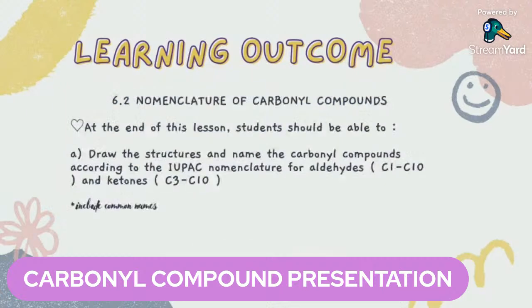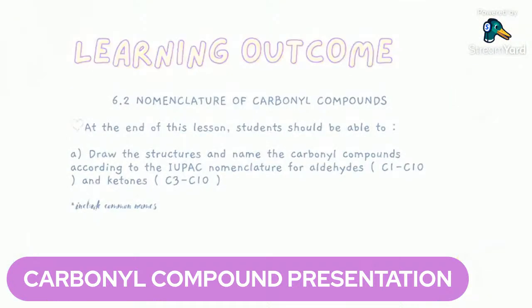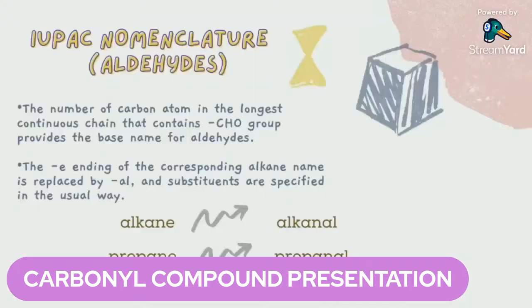Okey, sekarang kita sudah pernah masuk subtopik 6.2 iaitu nomenclature of carbonyl compounds. At the end of this lesson, students should be able to draw the structures and name the carbonyl compound according to the IUPAC nomenclature for aldehydes and ketones. IUPAC nomenclature for aldehydes, basically the parent's name will end with al.